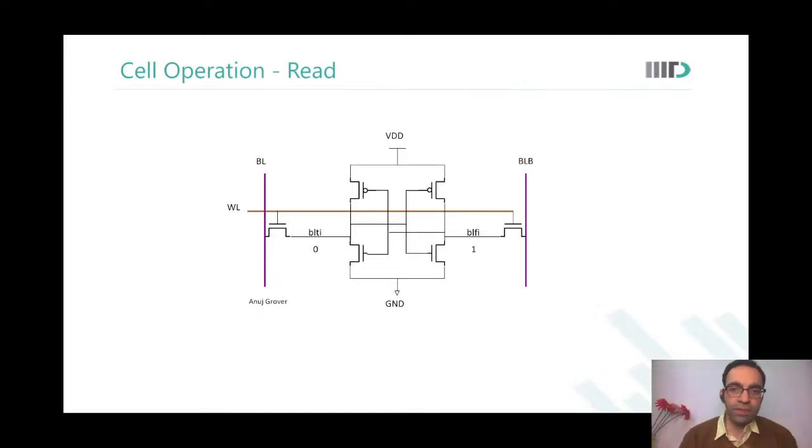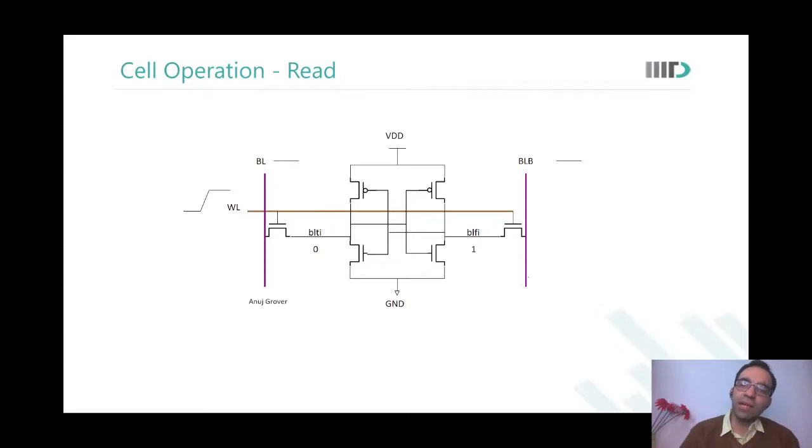Yes. So if we say this is the 6 transistor memory cell, now over here I have changed the nomenclature from Q and Q bar to BLTI and BLFI, but it means the same thing. So what we do is, before the word line comes, we actually keep the bit lines pre-charged.